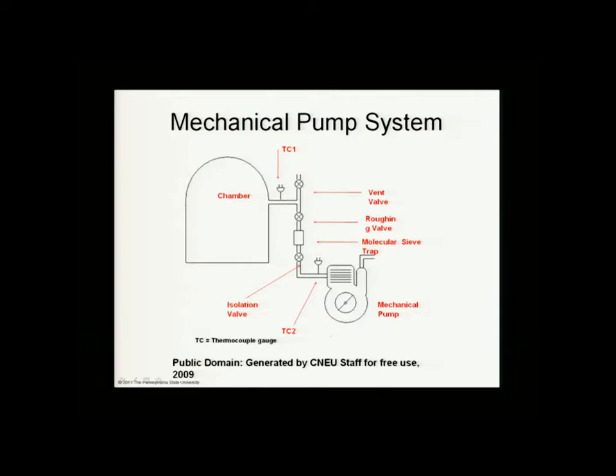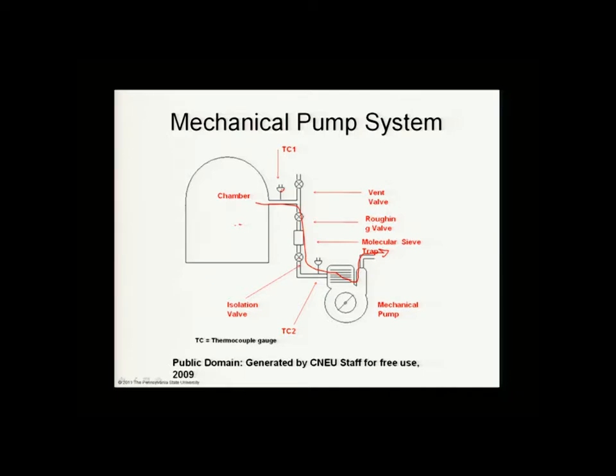So the mechanical pump system, here's a better schematic than what I've been drawing. Here's your processing chamber. Here's a thermocouple for measuring pressure. Here's a valve; open this valve and use this to pump the system down.